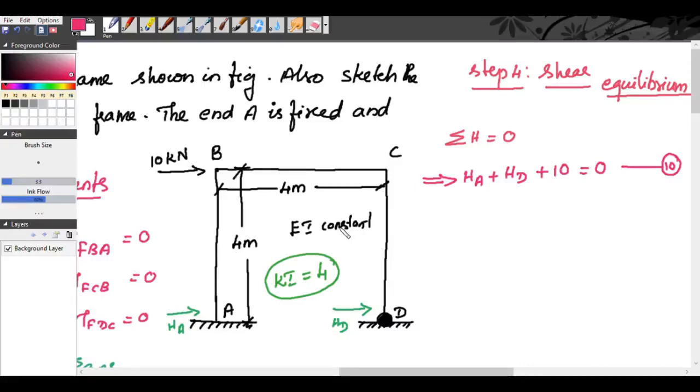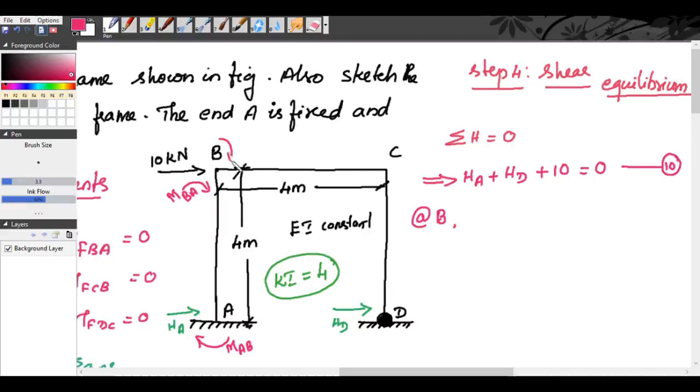Now, at B, we will consider the left of B, right? We will assume all the moments as clockwise. MAB, here we have MBA.